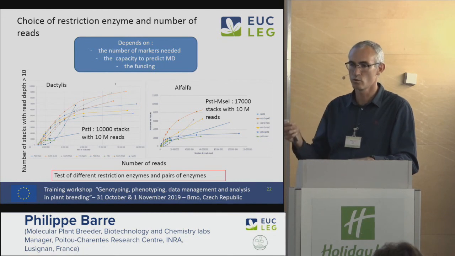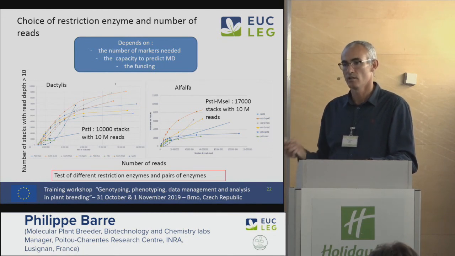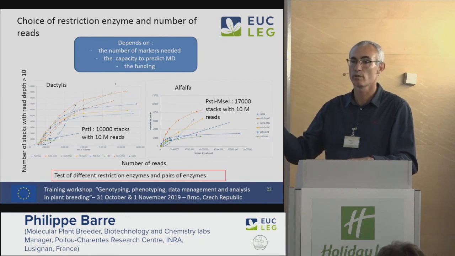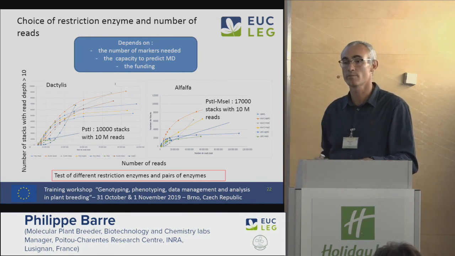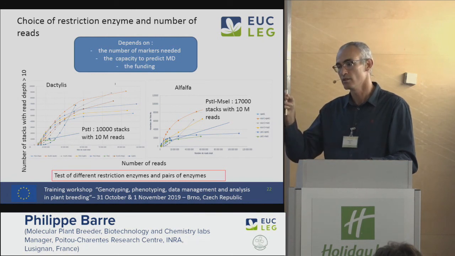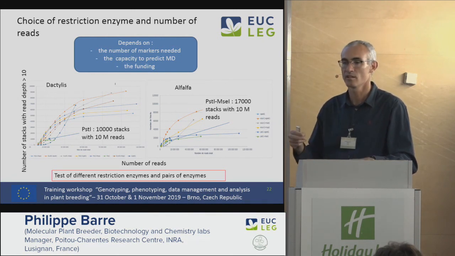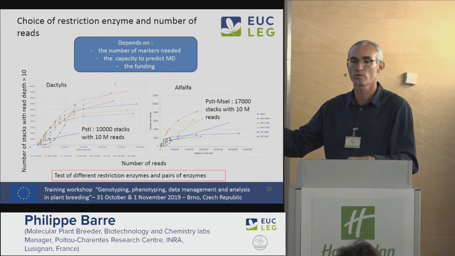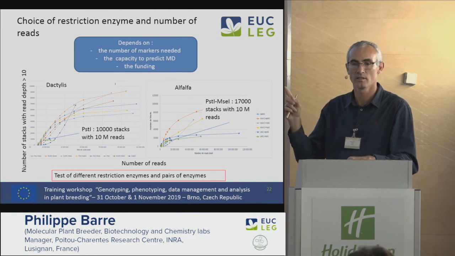If you want to do GWAS in perennial ryegrass, where linkage disequilibrium drops after 150 base pairs, you need a lot of markers. Then you change and choose another restriction enzyme that cuts highly frequently, but it has a cost.